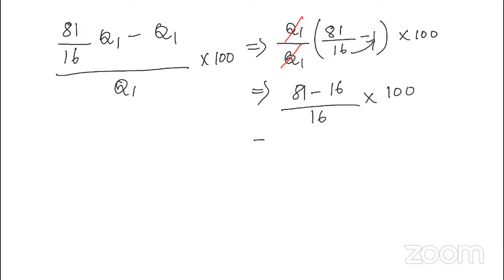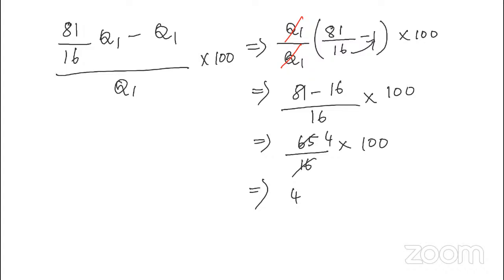Okay, then 65 divide by 16 into 100. So it is nearly 4 times, no? 16 into 4 is 64. So approximately it is 4 point something. If you go for the options, all of them are whole numbers, right? It is 125, 200, 300 and 400 percentages.